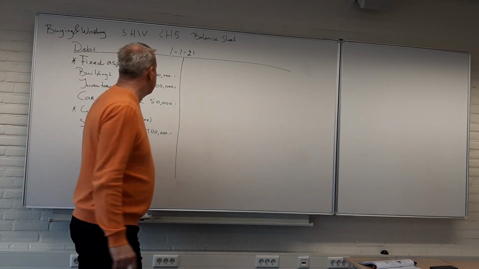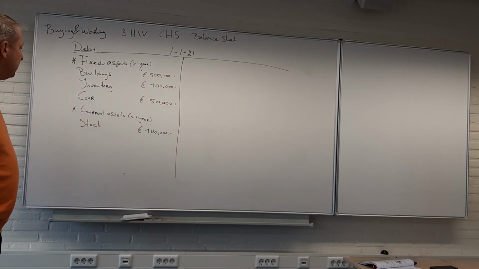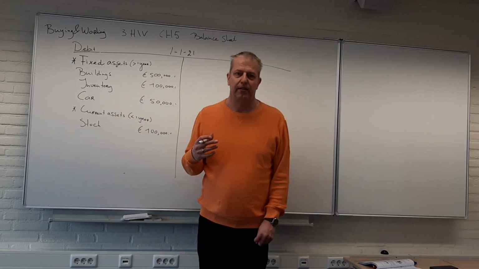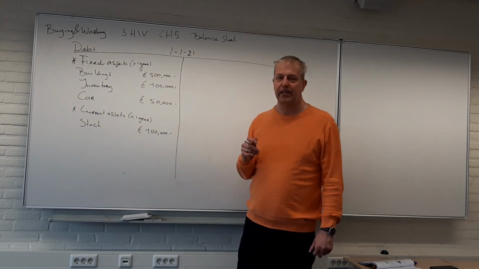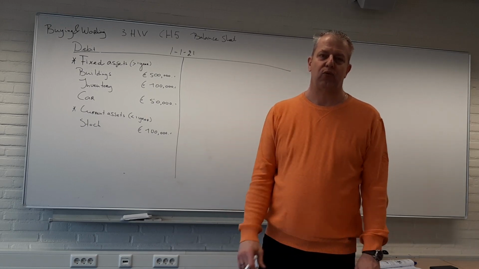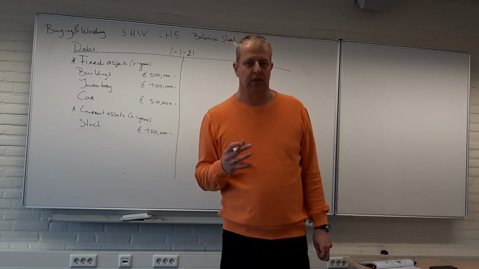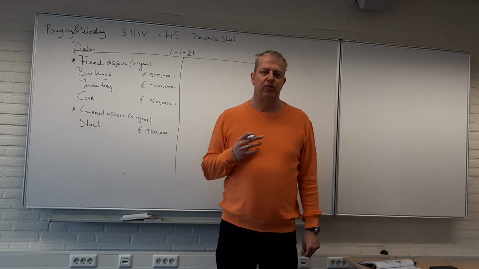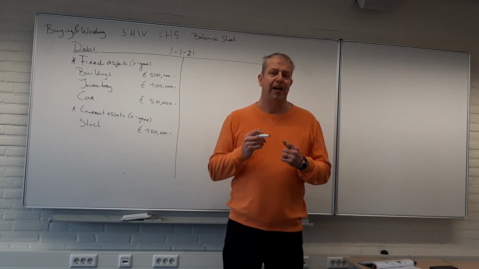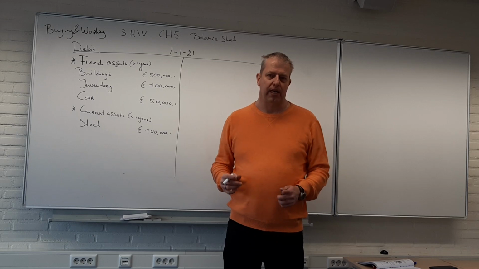Then there's another item. If I have my company and I sell things, and what I sell isn't paid straight away, so I sell things to another company or to customers, and they don't pay me straight away, that means that they owe me money. That money is actually mine, but it hasn't found its way to my wallet yet.